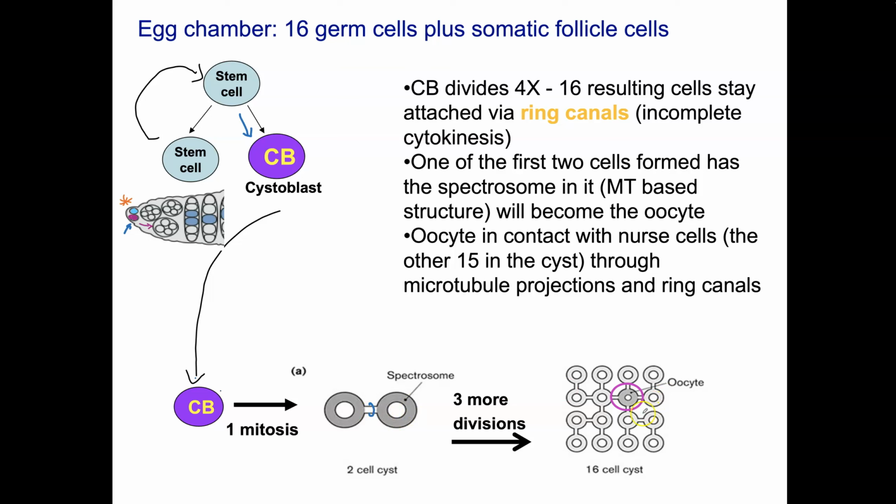Then there are 3 more divisions, and in all cases these are not complete divisions. The little ring canals are left behind, and so the most recently formed cells only have one connection to their neighbors, and the ones formed after that, like this one, will have 2.